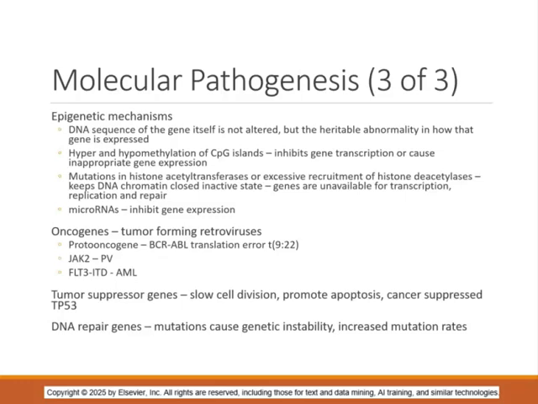Another problem that we run into molecular-wise is tumor suppressor genes. In other words, there are things there to stop cancer from growing. They help slow down cell division. They help make sure that the cell does die when it's supposed to die. And cancers a lot of times will suppress this gene, called TP53.